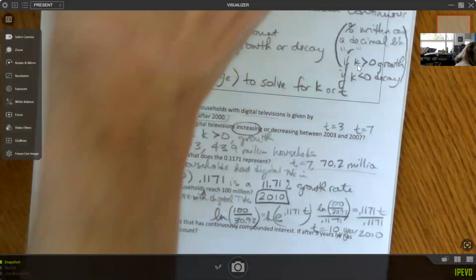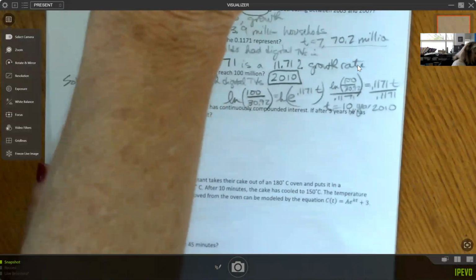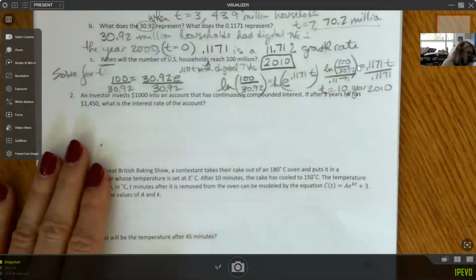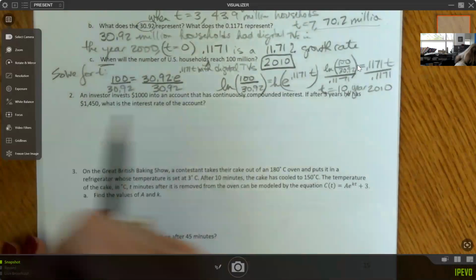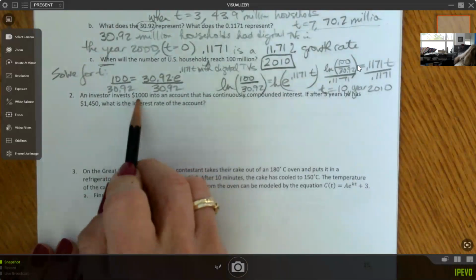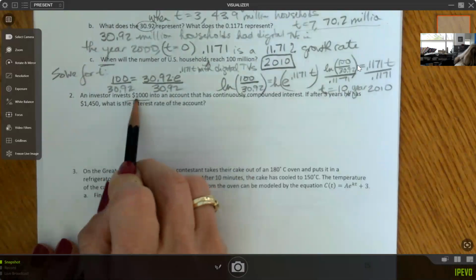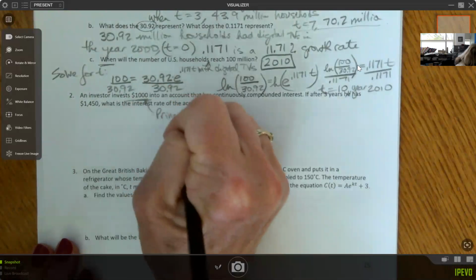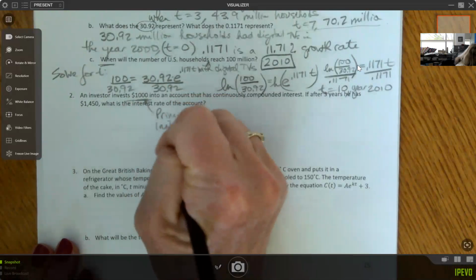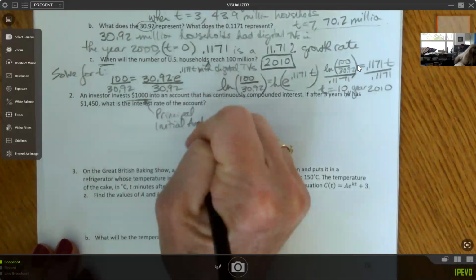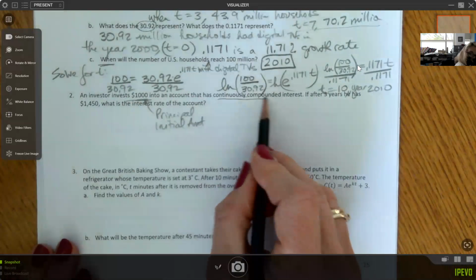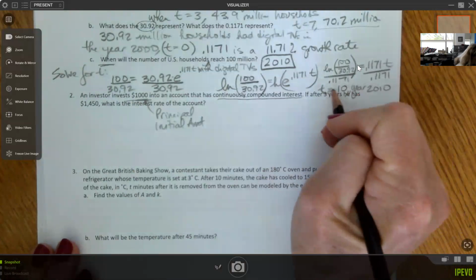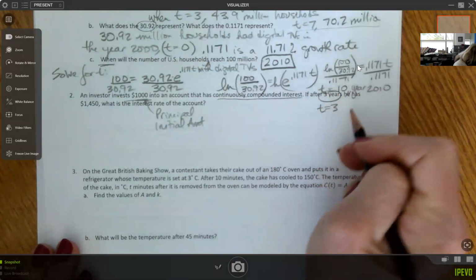Okay, so the next problem we're going to do, it's money. You could actually do the P times e to the rt. It's really the same thing. And so the setup is I invest $1,000. So that's my principal. You could also call it the initial amount. Okay, continuously compounded interest, so I'm going to use e. 3 years, so that means my t is 3.